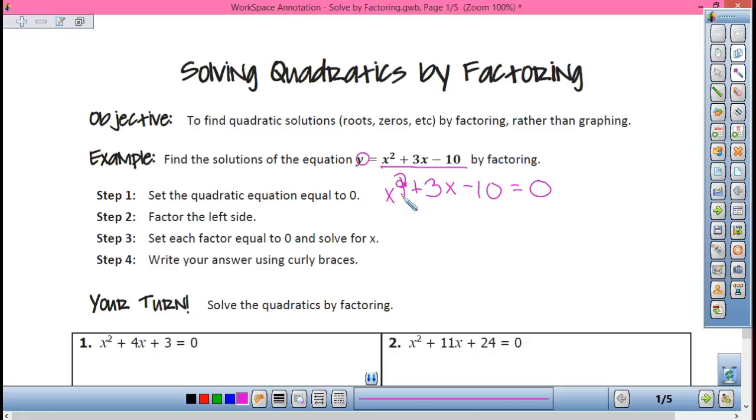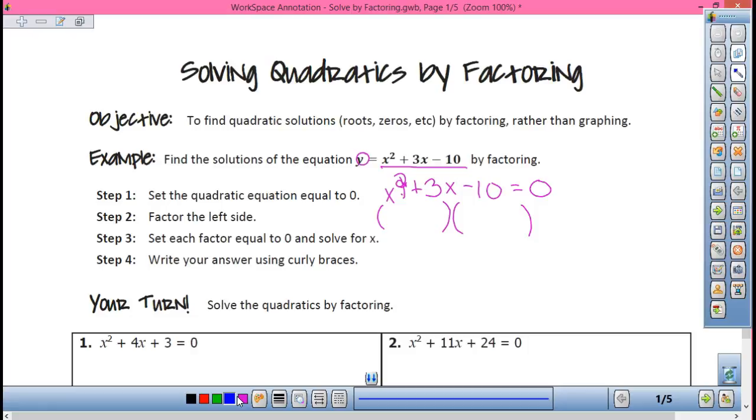All right, now we have to factor this guy. So this is where we have our two sets of parentheses, right? My two numbers have to do what? Tell me what properties my numbers have to have. They have to do what to 3?